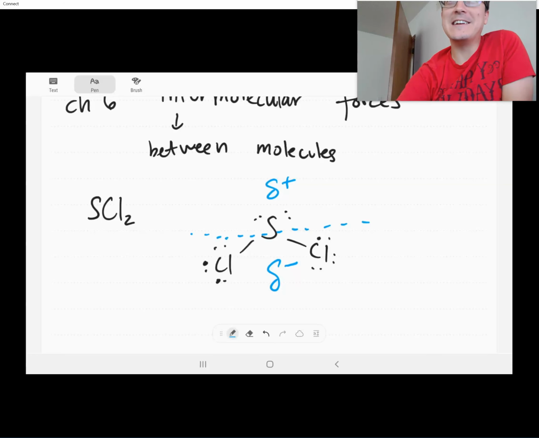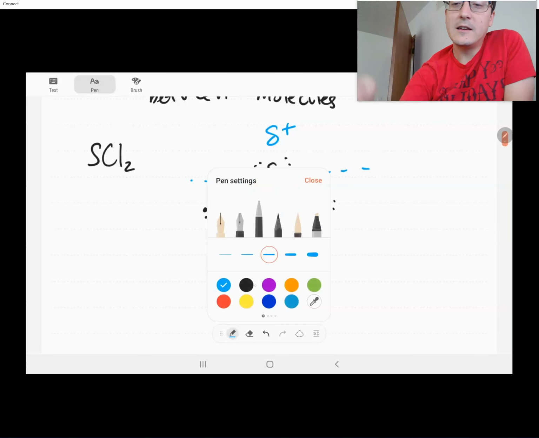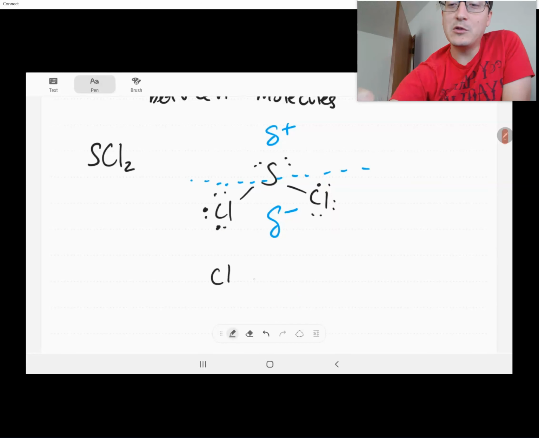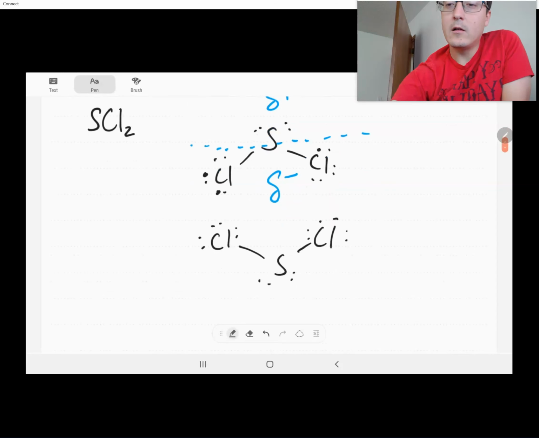We have a positive side and a negative side of this molecule. So, if we were to take another sulfur dichloride molecule, let's see how these would interact together. Do you think if we take another sulfur dichloride, it's going to approach this one like this, or like this?